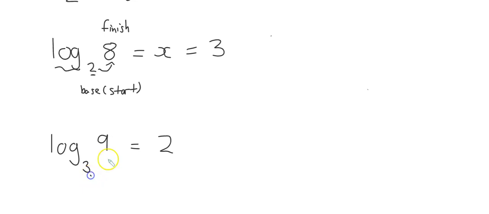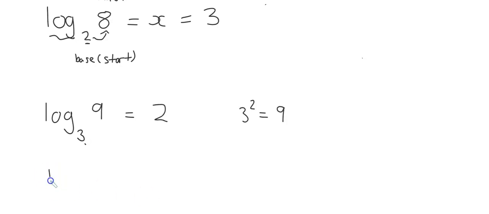How do we get from 3 to 9 using powers only? 3 squared will give us 9, so the answer is 2. Some more examples: log of 1 to base 5. That's actually going to be 0, because 5 to the power of 0 is 1.